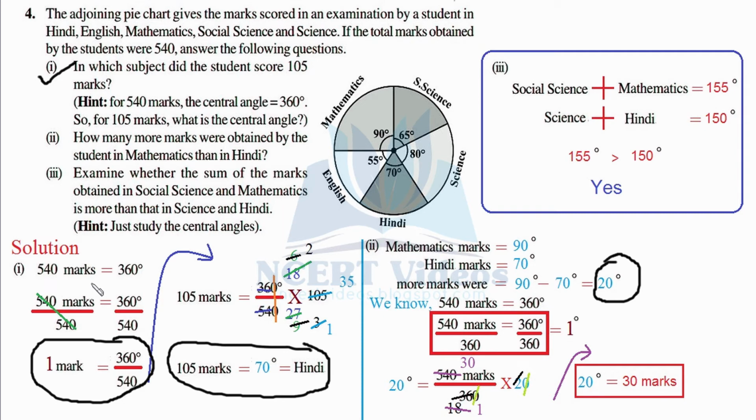Again, the same thing that we used over here, because this is the whole basic information that we have in this question. He attained 540 marks, which is equal to the complete central angle. Now we need to find the value of 1 degree, then only will we be able to find the value of 20 degrees. We need to get rid of this 360 degrees on the right hand side, therefore we divide both sides by 360 degrees. So the same has been shown in this box.